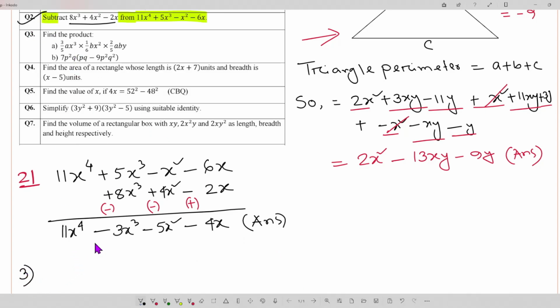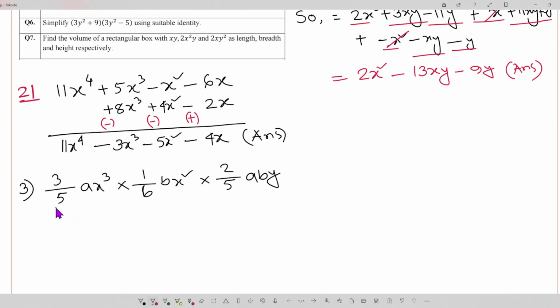find the product. Here is 3 by 5ax cube times 1 by 6bx square times 2 by 5aby.